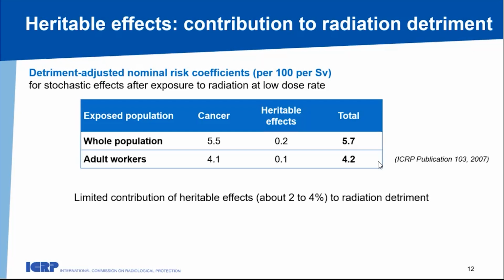I agree with you also, and I think they did it as for cancer. They took 60% for the adult workers, which is not fair, because in fact providing only one value, being the same for a reproductive population, also workers or the whole population, would be enough in my view.